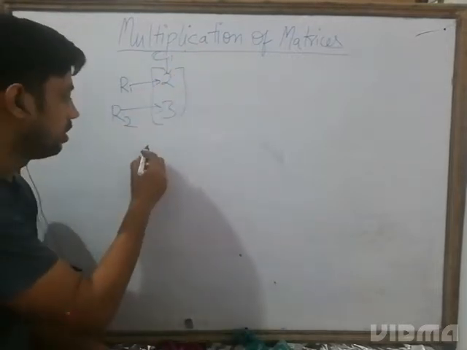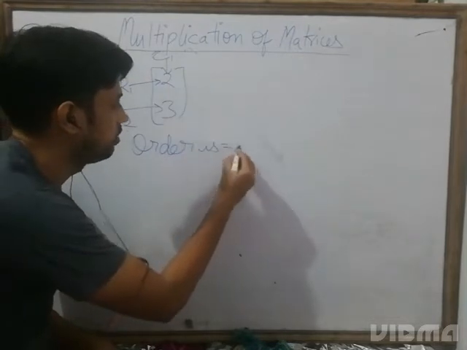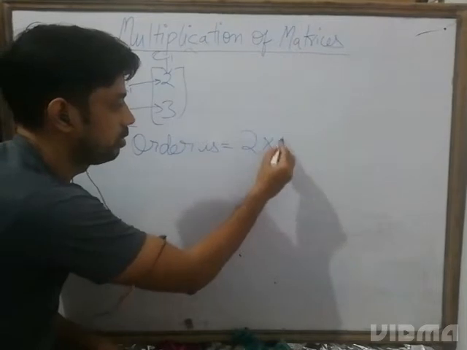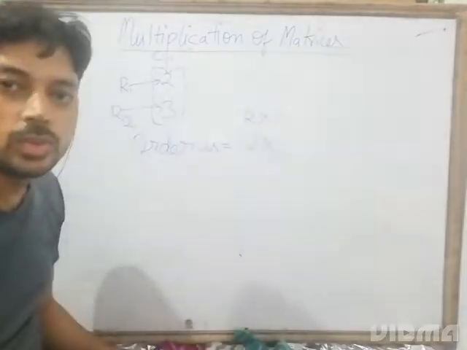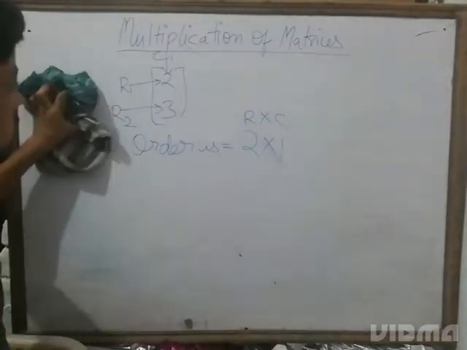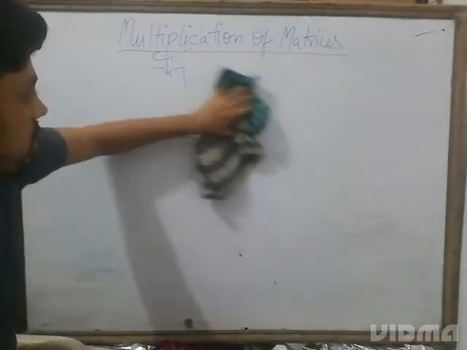Only column C1, only one column. So the order of this matrix is 2 into 1, because we always write row into column. Now we have got the point of the order of a matrix.